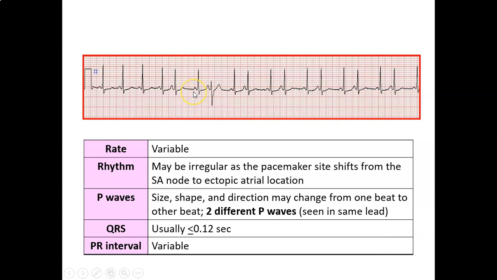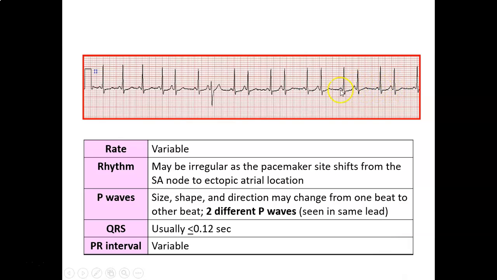But if you just focus on the shapes of the P waves, there are 2 shapes, like this one and this one. You can see the difference of the P waves. This one and this one, this one and this one. Just focus on this shape, a small P wave, then this is a normal P wave. One of them is normal, and the other is probably coming from somewhere else.